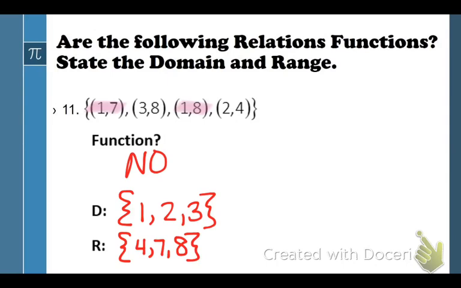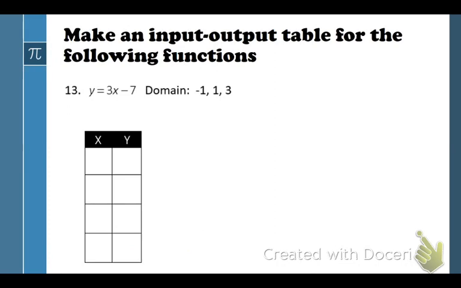All right? Perfect. 12, do it on your own. Go. Is 12 a function? Yes. I put -5 in twice, but both times I put -5 in, I got the same output, right?